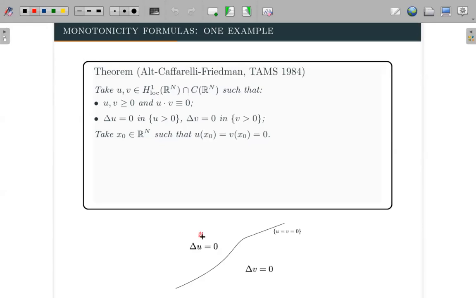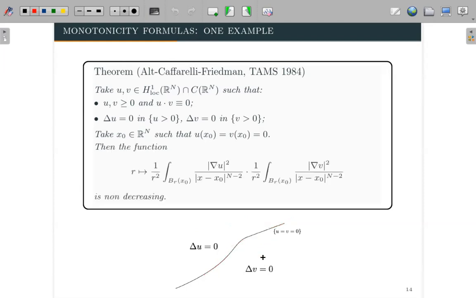So this is the positivity set of U, and here U will be 0 and the other way around. So this is the positivity set of V, and here V will be 0. So they meet at this common boundary, say, which is the free boundary. And now you ask yourself, can this U and V be completely arbitrary? And the answer is no.